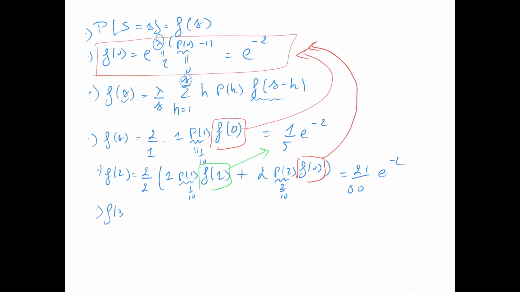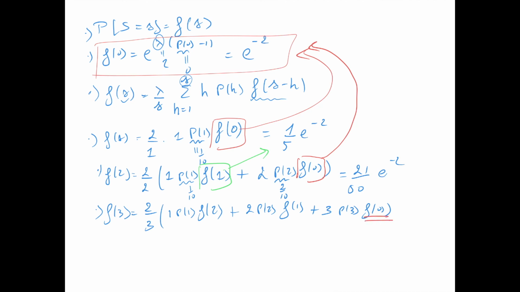Same holds for f3. Now we have lambda equal to 2, s equal to 3. h equal to 1 gives you p1 times f2. Plus h equal to 2 gives you 2 times p2 times f1. And h equal to 3 gives you 3 times p3 times f0.